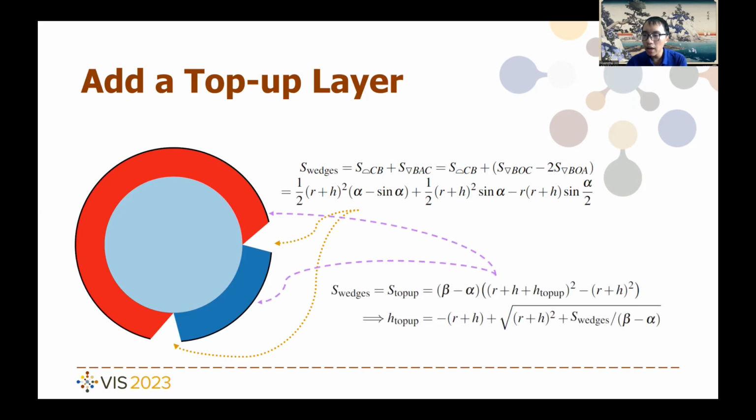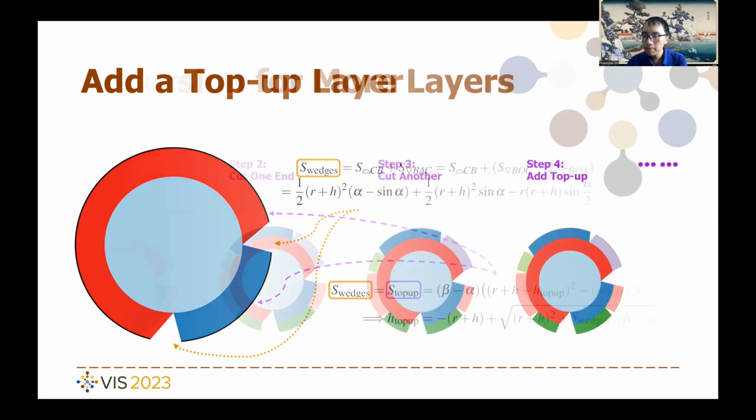We can see that the height of the top-up layer depends on the width of the inner circle as well as on the angle of the cut-off edges and the proportion of the nodes. In other words, the top-up layer is in fact different from node to node, so it is not possible to set the top-up layer uniformly for all the nodes.